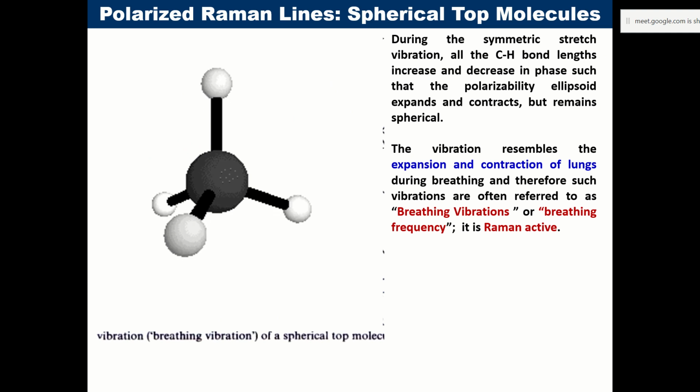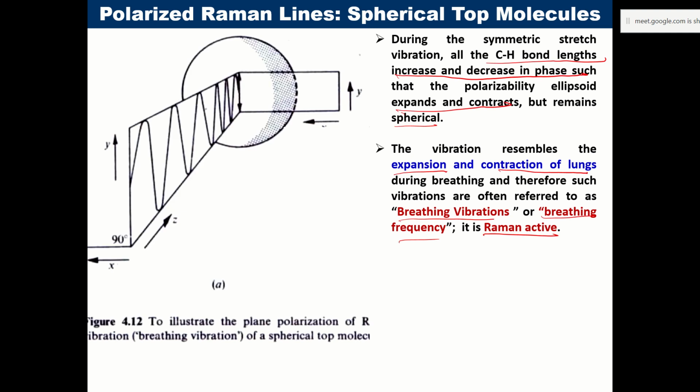Just like a lung contracts and expands when you breathe, the molecule appears to be doing the same. ठीक है, इक्वल चारों साइड से एक साथ एक्सपैंड होना, एक साथ कॉन्ट्रैक्ट होना. So this is your breathing vibrations, and this breathing vibration is giving rise to plane polarized Raman signals, the scattered light. So we are trying to understand that one.